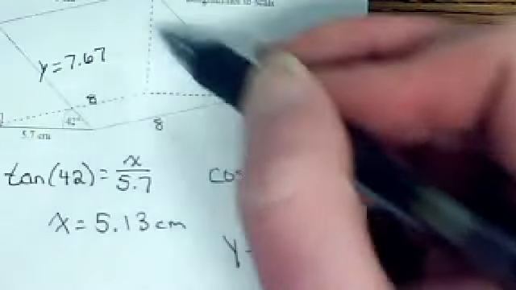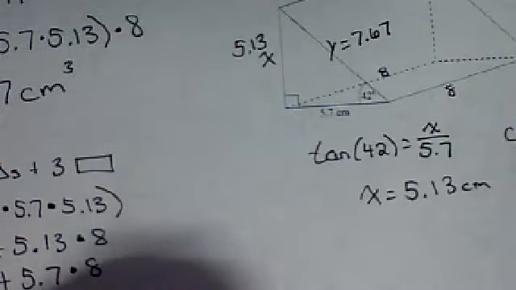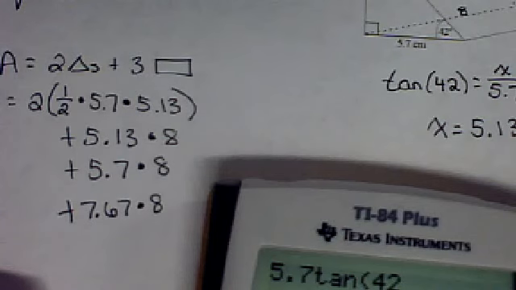So this side is 7.67, which means this laying down rectangle is 7.67 by 8. So now all you have to do is add up all your sides.